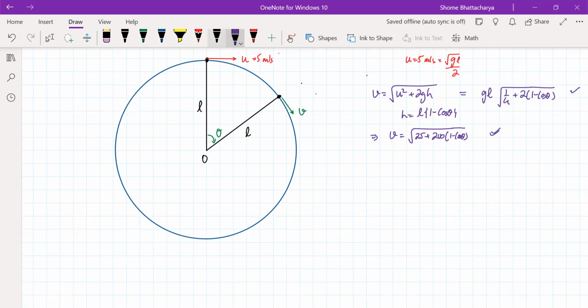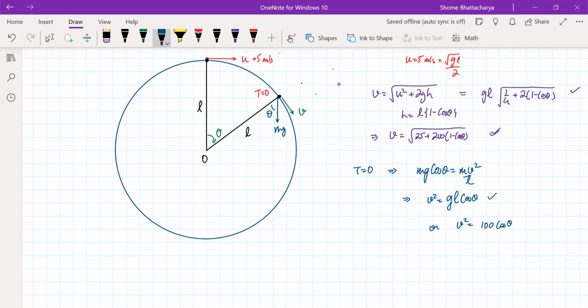Okay. Now the condition for tension to become 0 at this instant is that mg's centripetal component is equal to mv square by L. So T is equal to 0 implies that mg cos theta is equal to mv square by L. Parametrically, it is this equation, or numerically we substitute, it is 100 cos theta, this one.